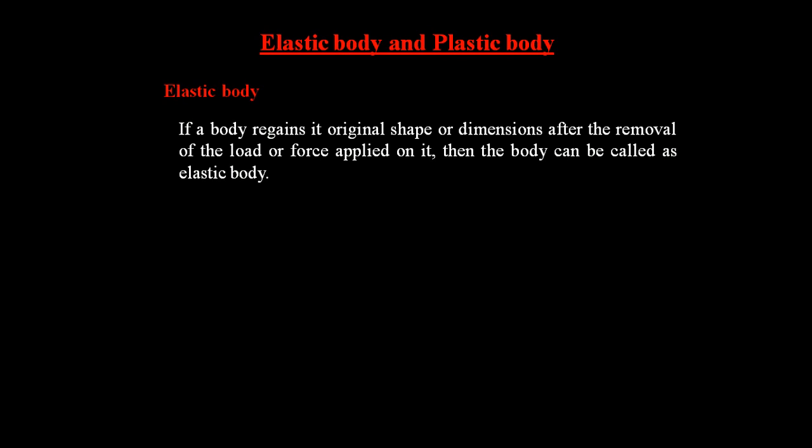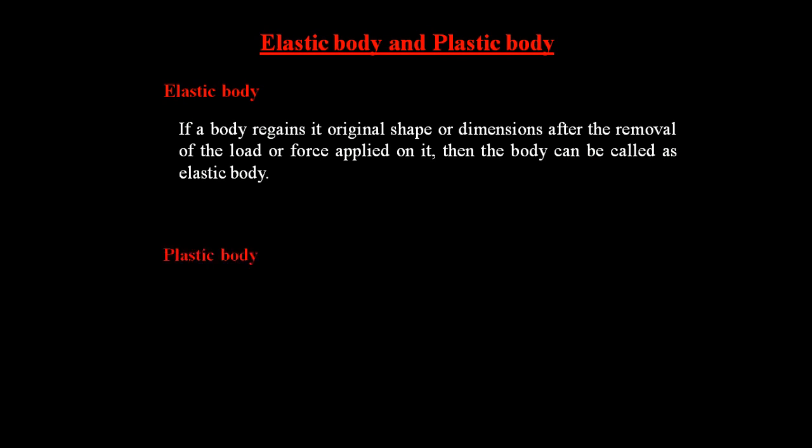Here after the application of the load the body can undergo deformation. Even after the deformation, if we remove the load and the body regains its original shape, then the body can be called an elastic body.